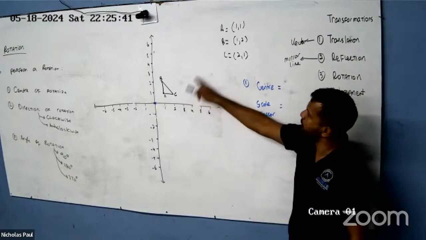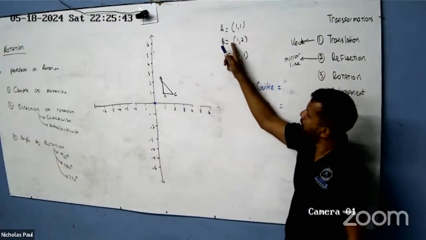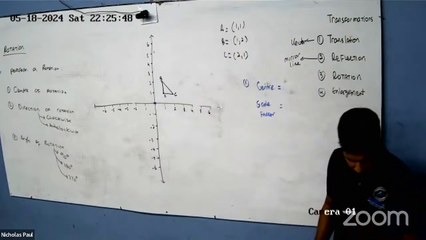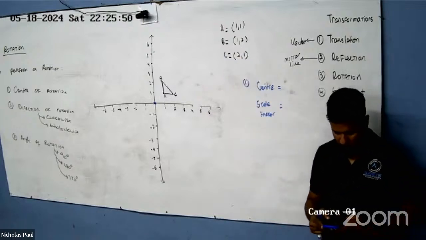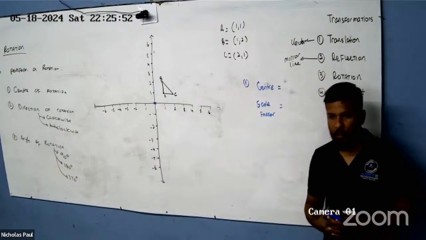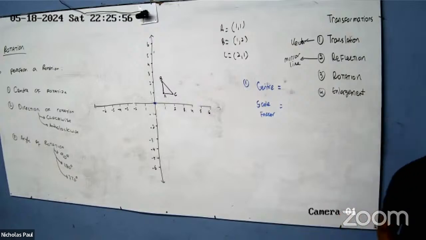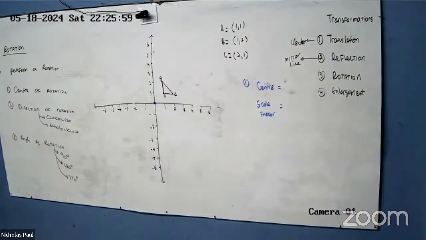To the exact same shape, right? 1, 1, 1, 2, 2, 1. Might be a little small, but it will work for our purpose, all right?